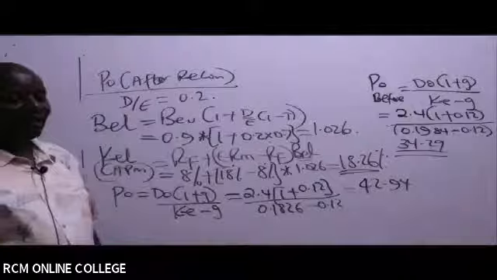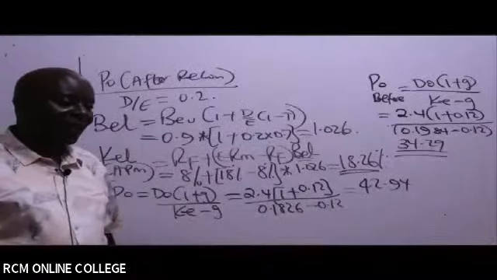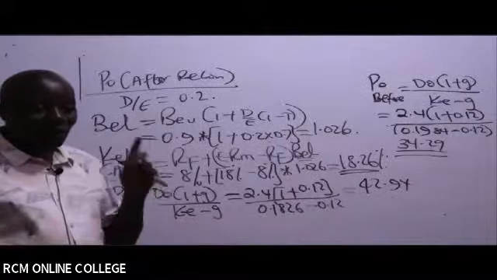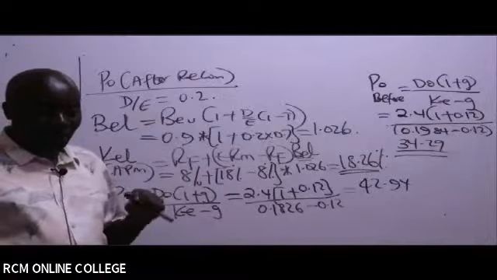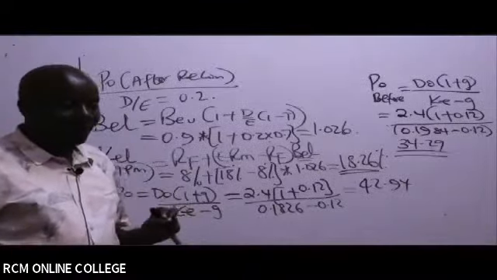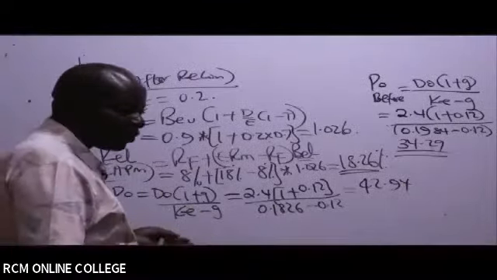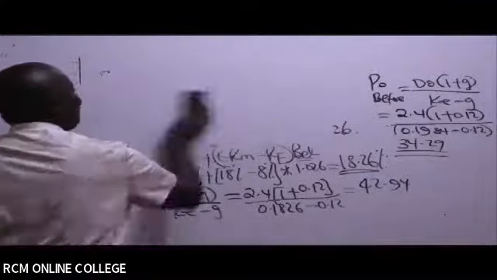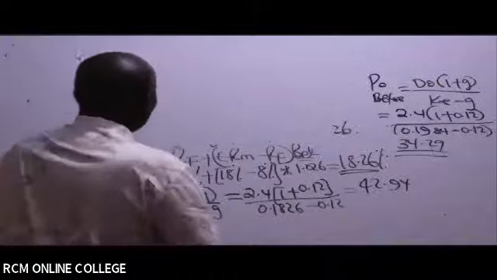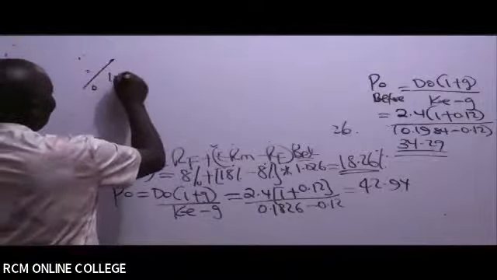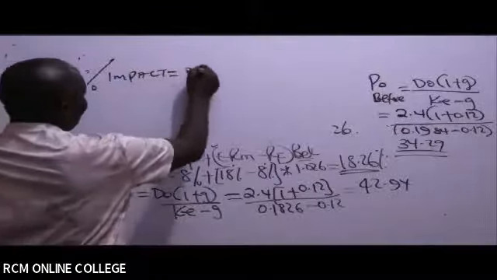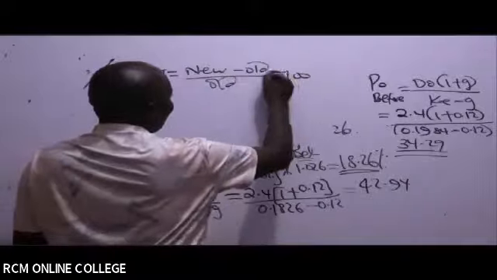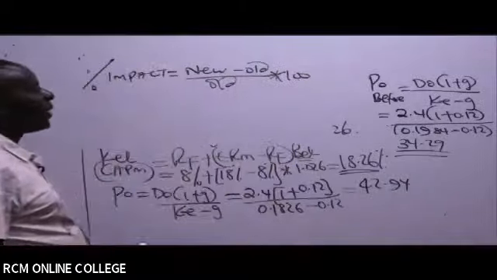8.6% increase. The impact is 8. Benevolent has given me a different thing. We shall overcome. Remember, it has always to be in form of percentage. Impact must always be measured in form of percentage. Ruth Atieno is saying 25% or 24 point something. Great. So percentage impact is new minus old over old times 100.